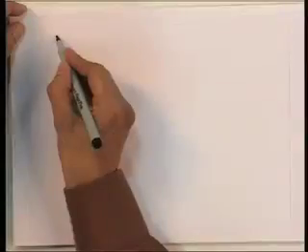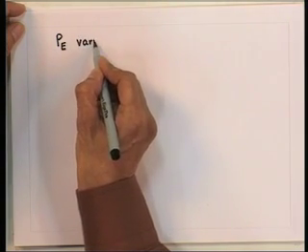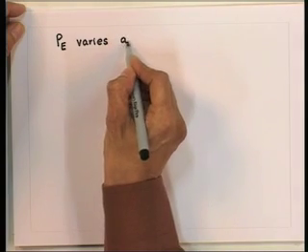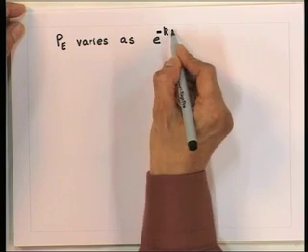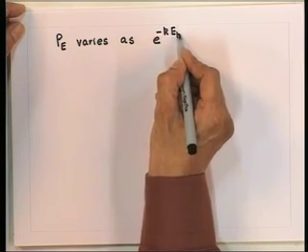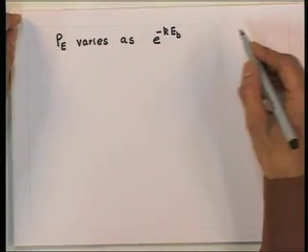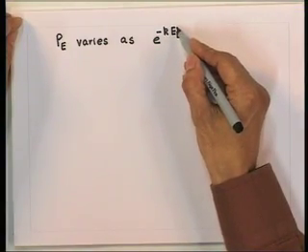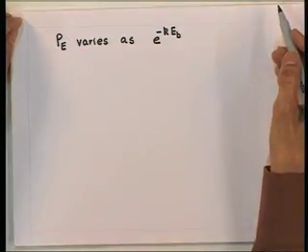For example, it can be shown that in all digital communication systems, the error probability, that is Pe, varies as exponential minus a constant k times Eb, where Eb is the energy per bit. By increasing Eb, we can reduce the probability of error to any desired level.